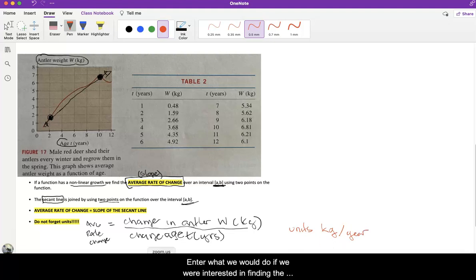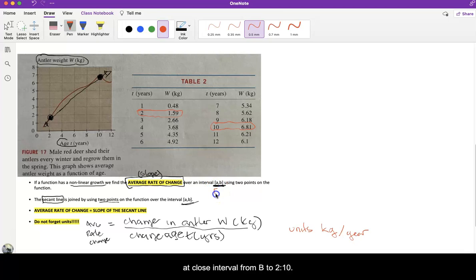And so what we would do if we were interested in finding that average rate of change, and this is what we'll talk about, is that we would need to use the data point here, and then this was at 10, and then we would use the data point here to find that average rate of change, which would be an increase over the closed interval.